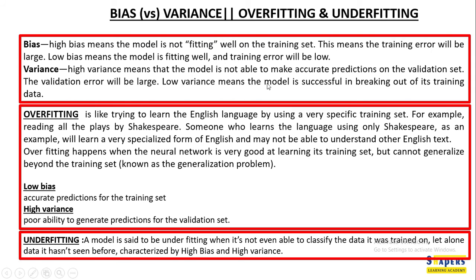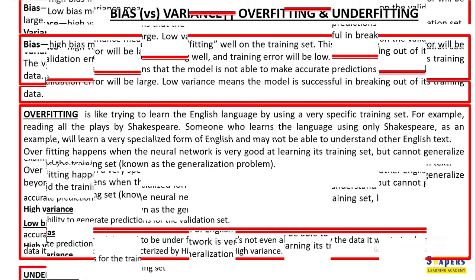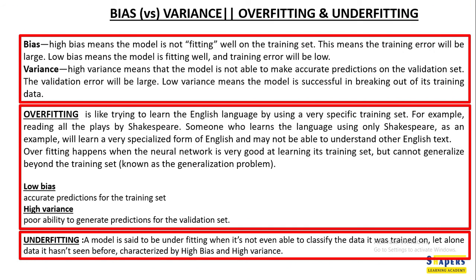Low variance means the model is successful in breaking out of its training data and making right predictions with the validation set. Let's understand overfitting and underfitting. Giving an example, as we know, a neural network learns by training with a training data set.